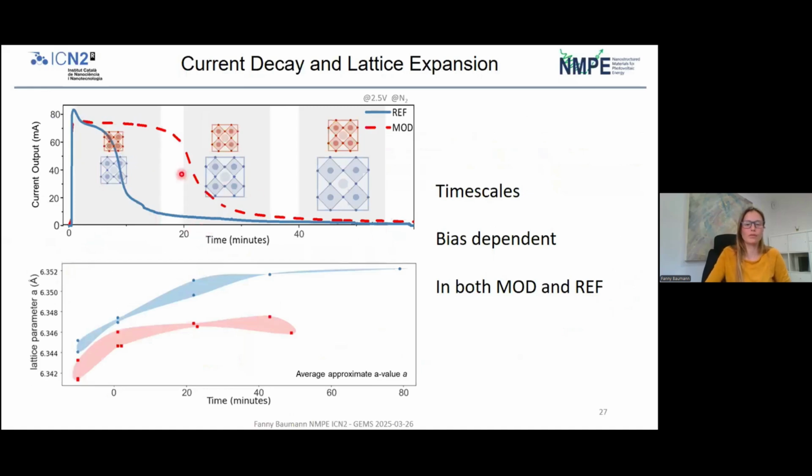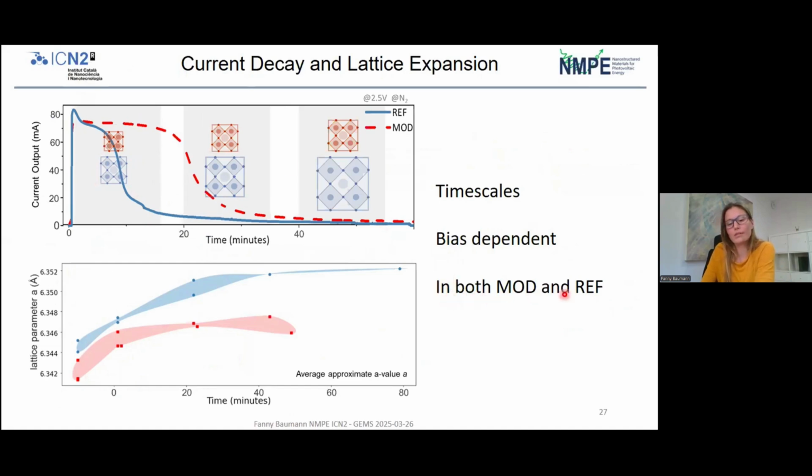It's also important to note that the timescales that we see for the expansion are very similar to the timescales that we see for the decay. So it's very probable that these effects are interconnected. We tried applying a bias of 1.2 volt as well, and we can see that the same effect happens, but it's bias dependent. In that case, I think it took 4 or 5 days for it to start to decay.